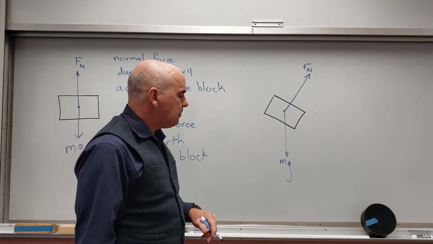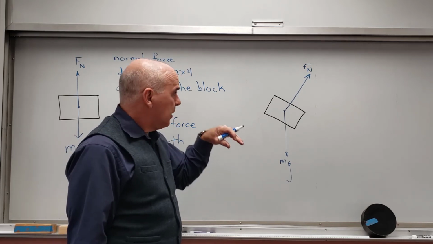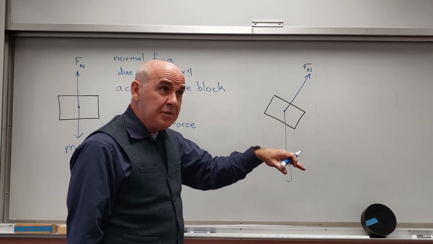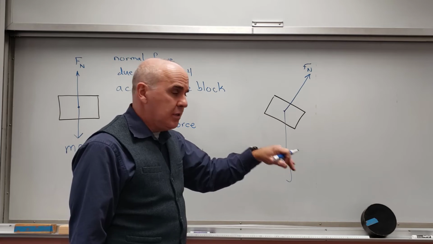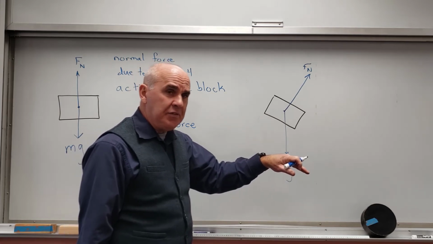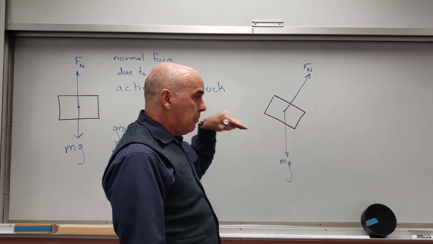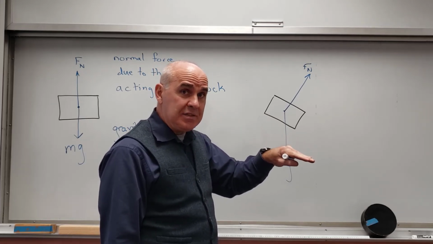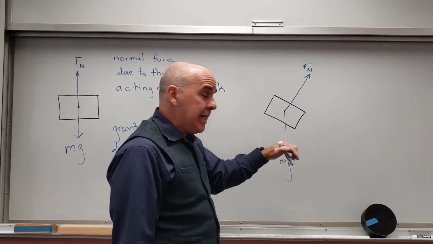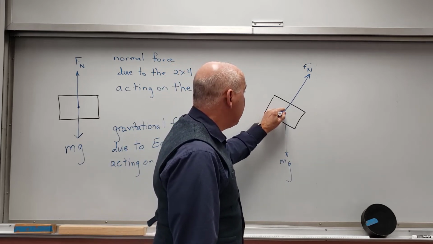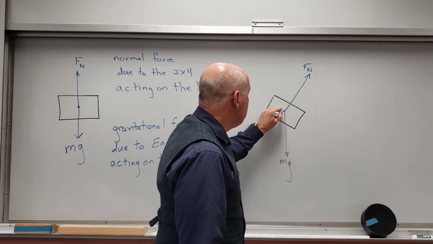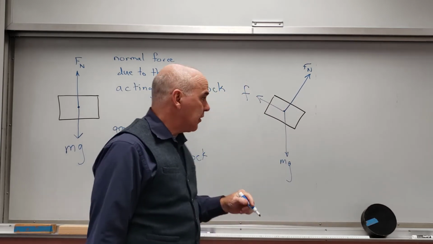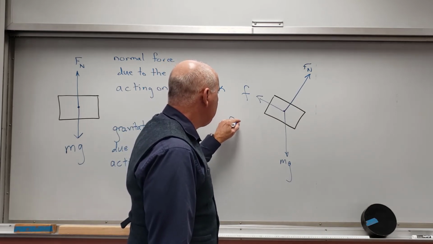Now in this case, there's another force, and that other force is friction, because the block wants to slide down the 2x4, but it doesn't. So there must be a frictional force opposing the sliding, not the motion. In this case, it is the motion, but not necessarily. It opposes the sliding. Sliding is down the incline, so the frictional force must be up the incline. So I'll call that little f. Little f is the symbol I use for friction. Right? And that's going to be friction.